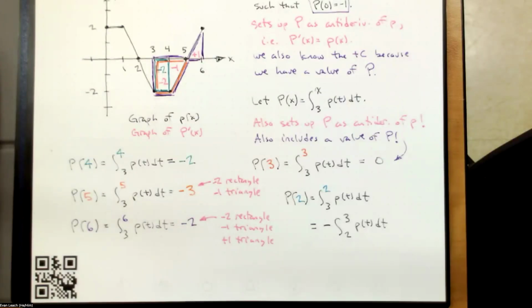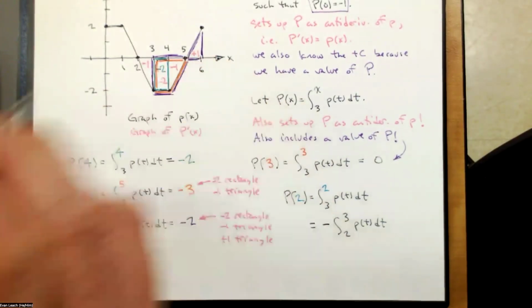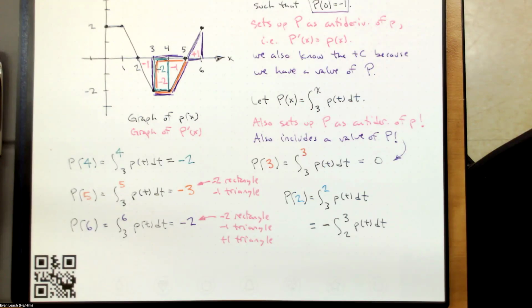So the definite integral from 2 to 3, this is area below, which is a -1. But the integral from 3 to 2 will not be -1, it will be +1. So if we change the order that we're integrating, we change the sign of the definite integral.